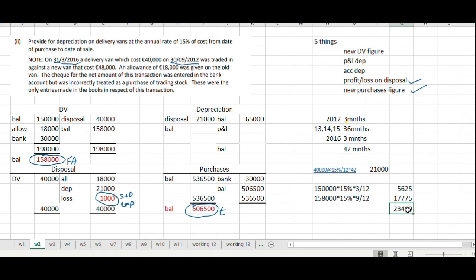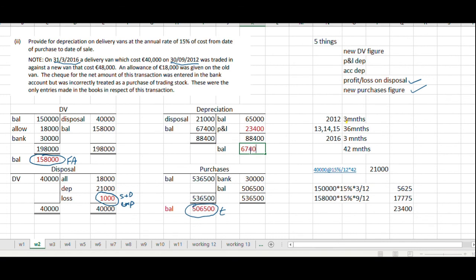That's the figure we are looking for. 23,400. It goes up here, 23,400. Now, by balancing this account, we will find out what the accumulated depreciation is for the year, which is 67,400.